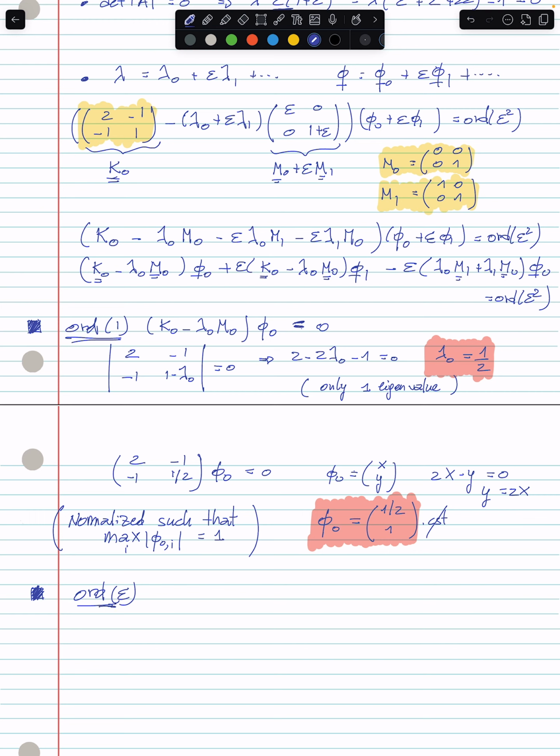And at the next order, it says same operator. This is something that is quite common in perturbation techniques. We have the same operator, but applied on phi 1. I can push the rest to the right-hand side, and so we have equal to minus lambda 0 m1 plus lambda 1 m0 times phi 0.